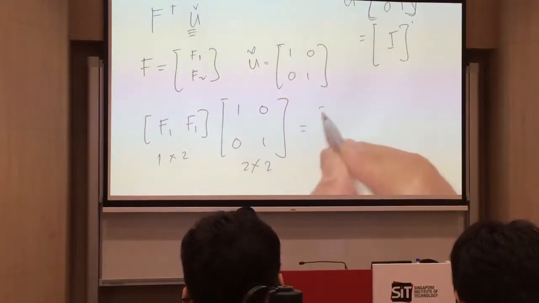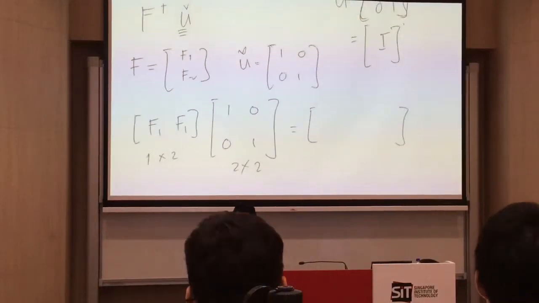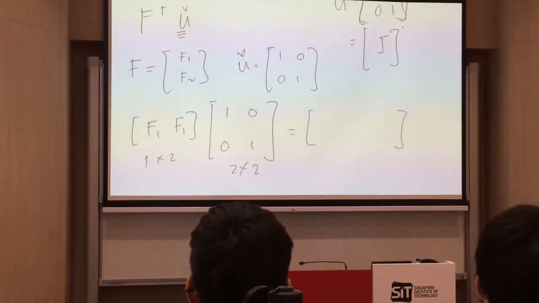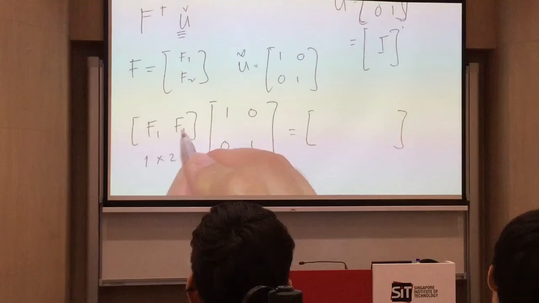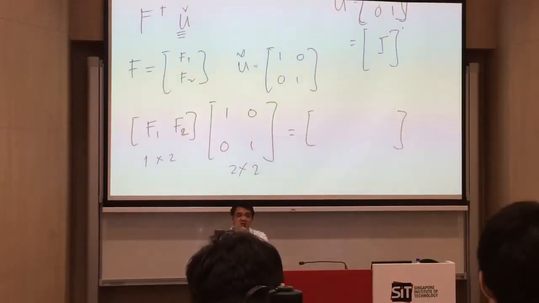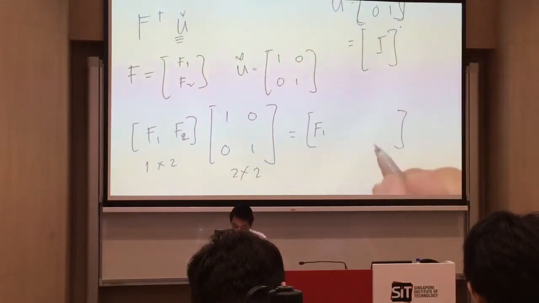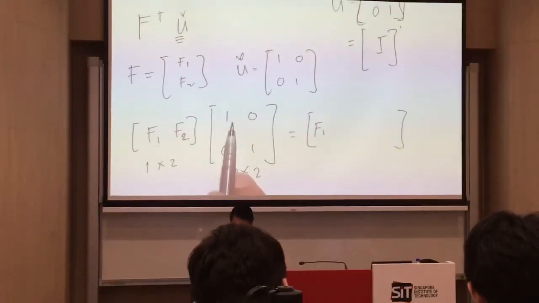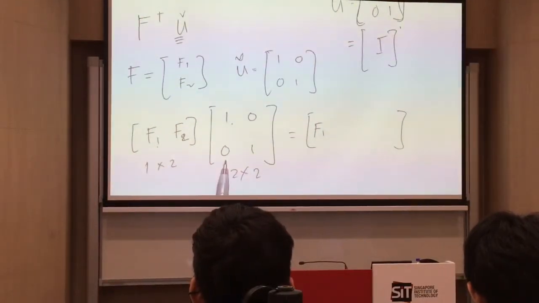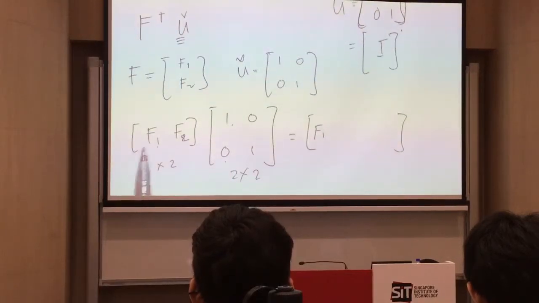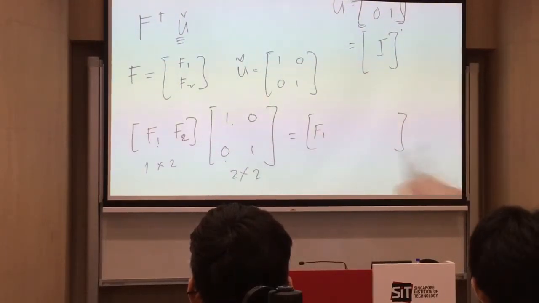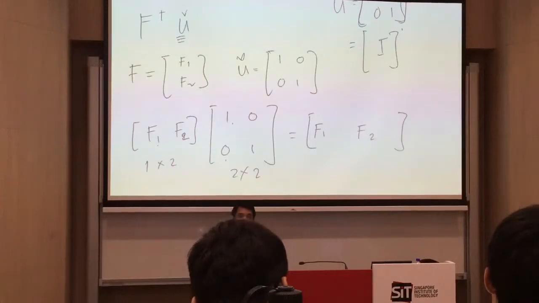So what's the size of our matrix here? 1 by 2. Yes. So what do we get? This one is simply F1 multiplied by 1, F2 multiplied by 0, that's 0. So F1 multiplied by 0, F2 multiplied by 1, we get here F2.